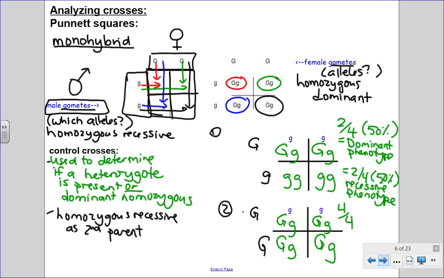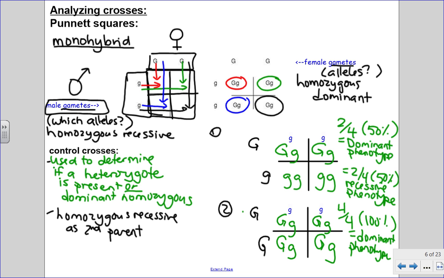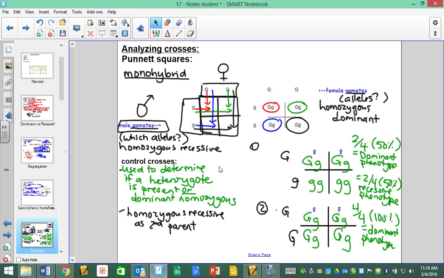So I would say 4 out of 4, or 100%, have the dominant phenotype. So I would know in this case that my parent didn't have the recessive allele. They had 2 copies of the dominant allele. So this is a way that you can use a Punnett square to figure things out. So I'm just going to pause.